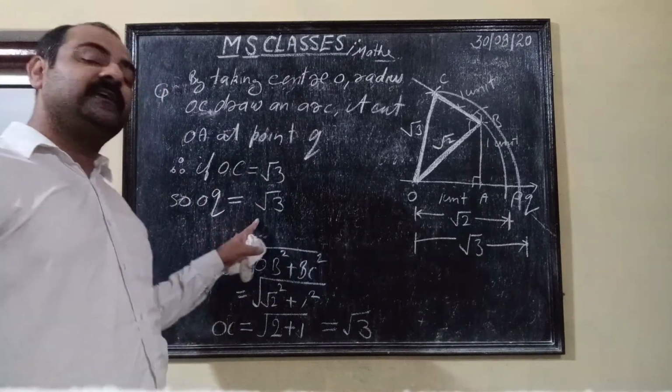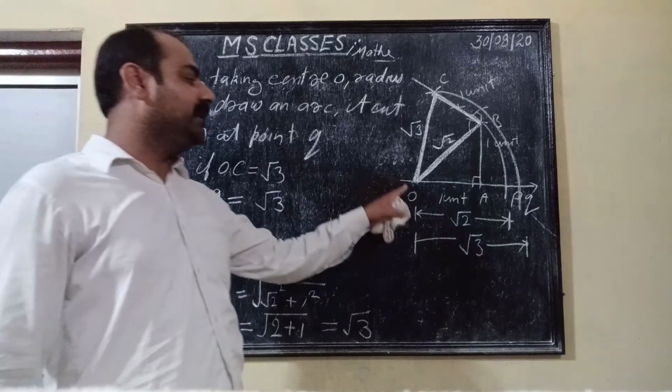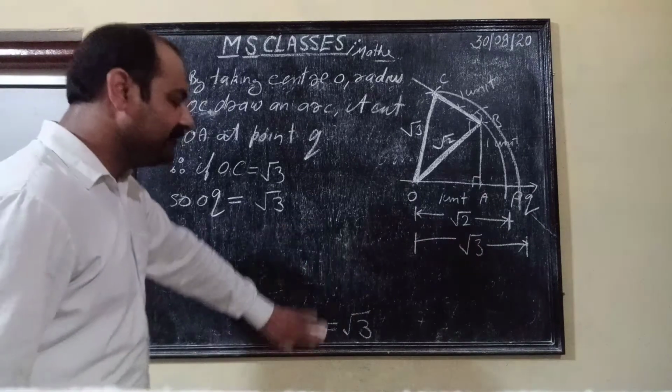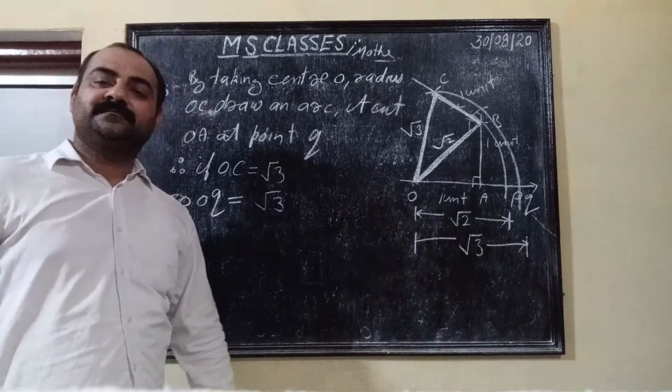In this way we can locate under root 5 on the same real number line.